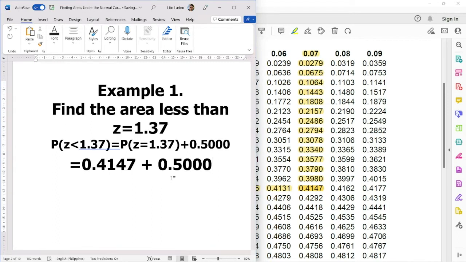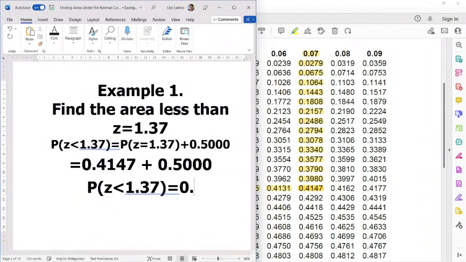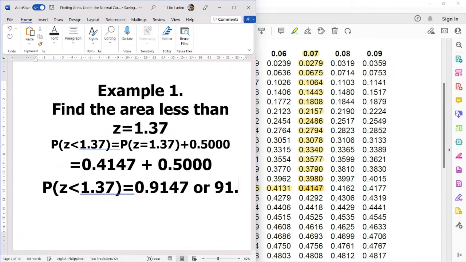Okay, and we have now the probability or the area to the left of the z-score 1.37 is equal to the sum, which is equal to 0.9147, or again, expressed as a percentage, that is equal to 91.47%.